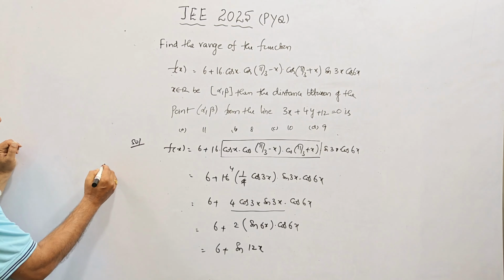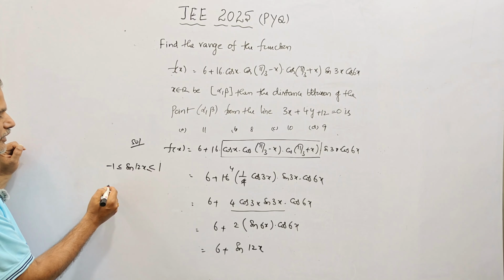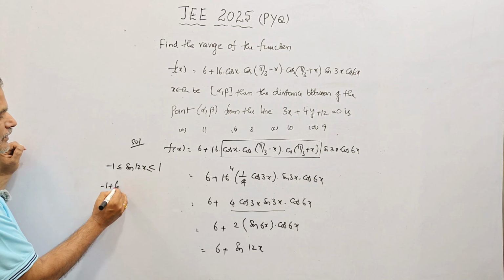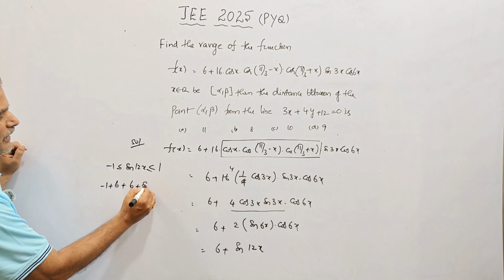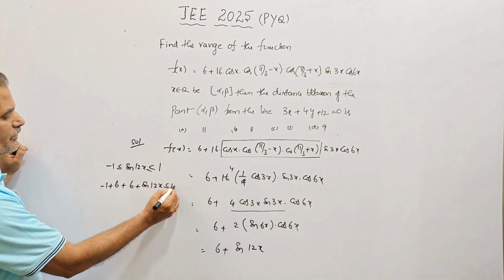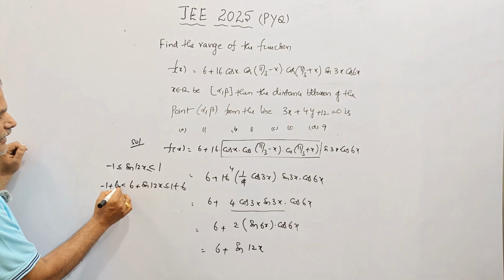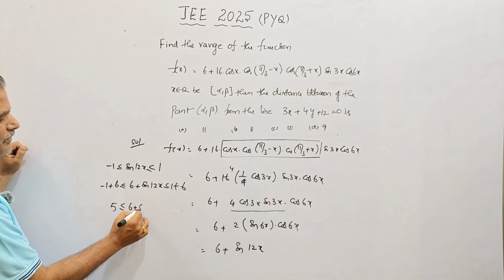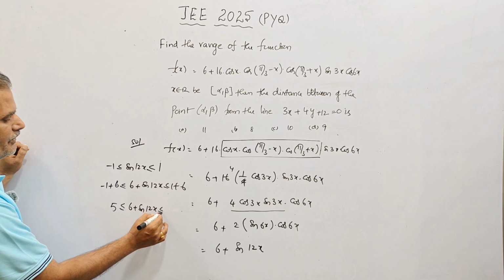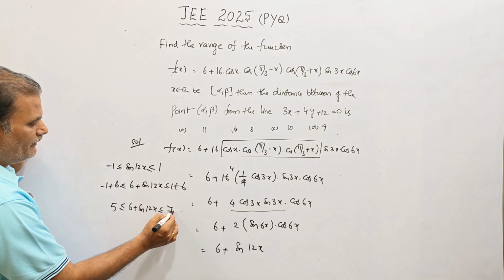Thus we have to find it like this. The sin x value lies between -1 and 1, but here we have 6 plus sin 12x. Therefore adding 6 on both sides, -1 plus 6 is 5, and 1 plus 6 is 7, so 5 is less than or equal to 6 plus sin 12x, which is less than or equal to 7.